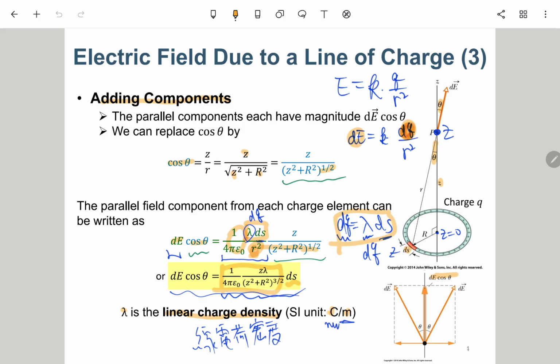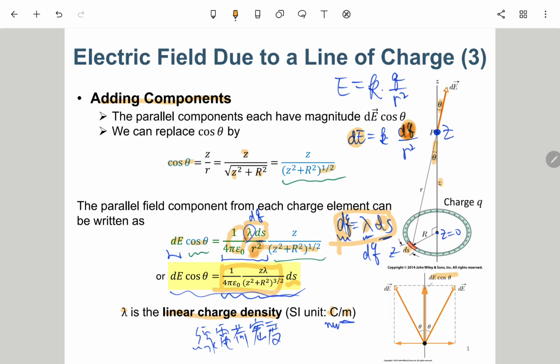So in that case, we would like to change this dq in terms of ds, but dq and ds are not the same thing. dq is the charge, ds is the length. So we must introduce the linear charge density here, 线电荷密度. So that dq is equal to lambda ds. Lambda will be just a constant.